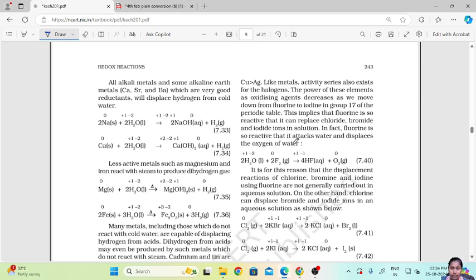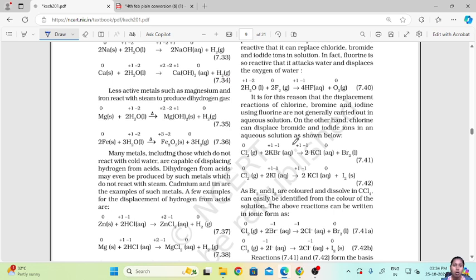It can replace chlorine, bromide and iodine in a solution. So fluorine can replace the other halogens in its group. From the water molecule, fluorine can replace the oxygen and form an HF bond.